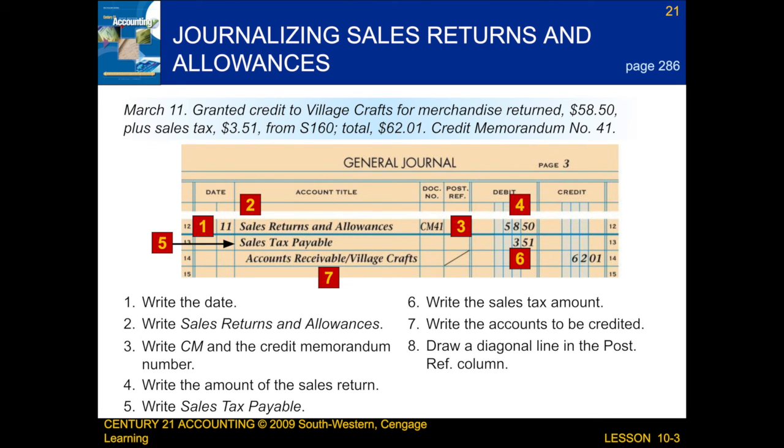Next, we draw a diagonal line in the post reference column. And finally, we write the total accounts receivable amount, which is $62.01, in the credit column.